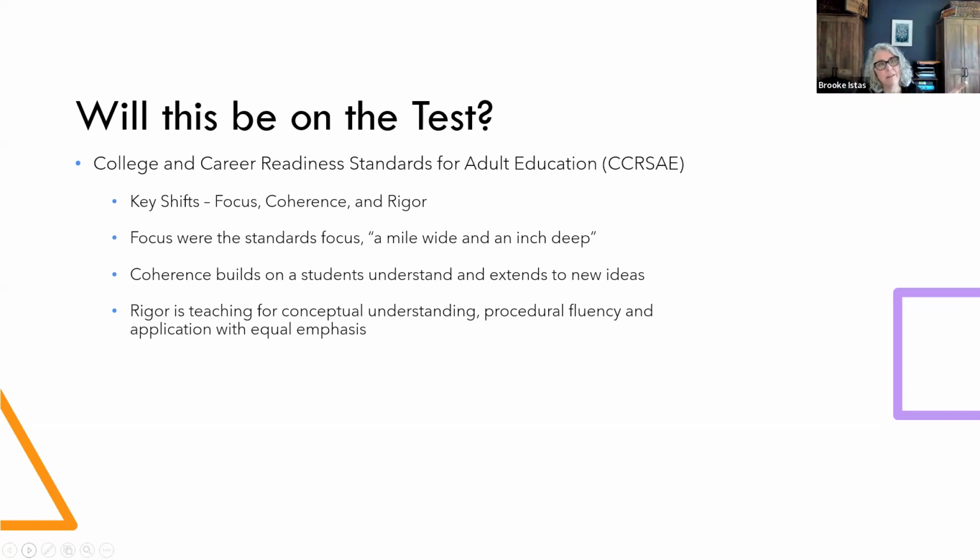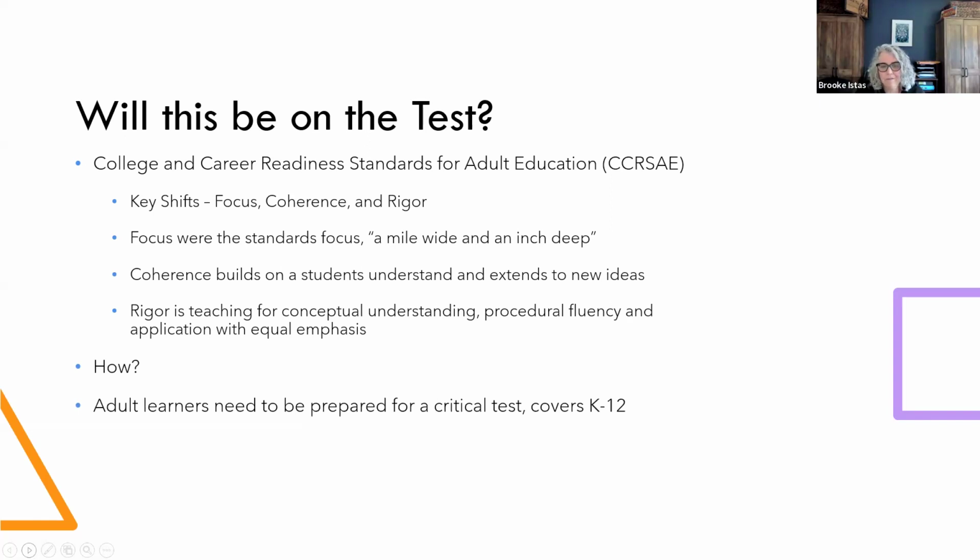I think we illustrated that a lot last time with algebraic thinking, looking at what we know and then how we can extend that. And then, of course, rigor is teaching everything for conceptual understanding, procedural skill, and application, but it gets to the point of, how do we do all this?